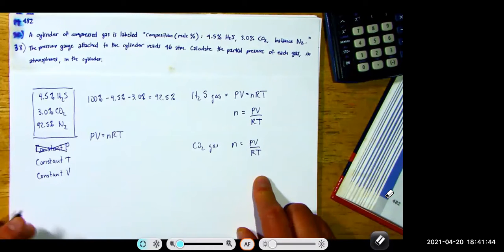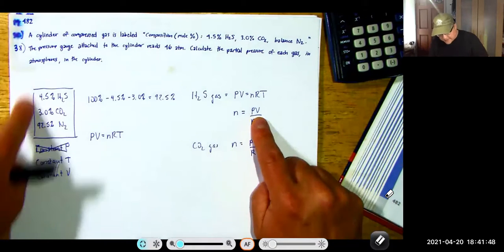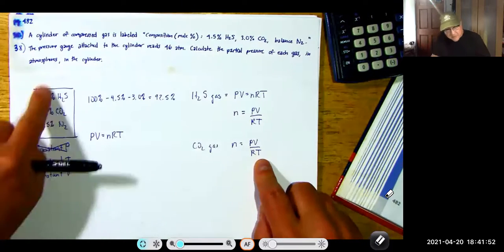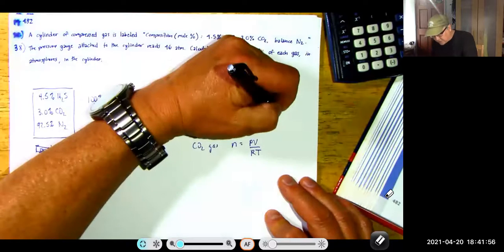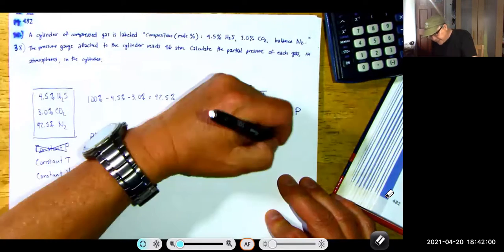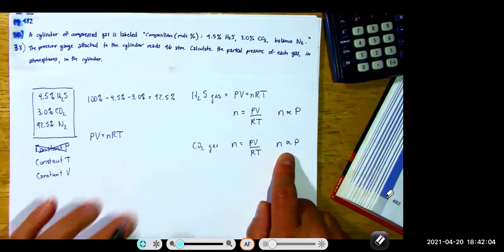Okay, so these gases both have the same volume, whatever that container is. And they both have the same temperature because they're in the same container. So here we can see that the moles is proportional to the pressure of the gas, and the same here. So that's important to understand.